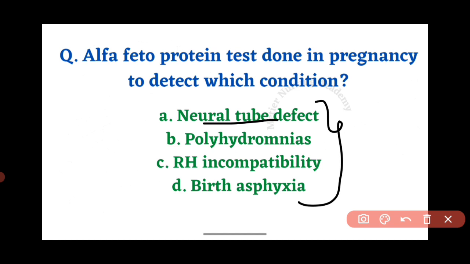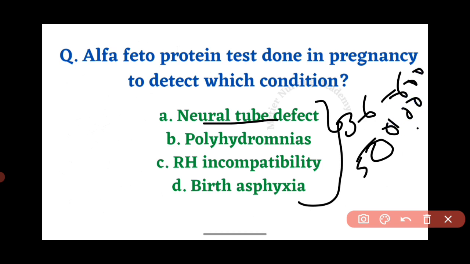the gestation period, and it varies according to the weeks. For example, in 12 weeks, 50 ml; 24 weeks, 500 ml; in case of 36 weeks, it should be about 600 to 1000 ml.